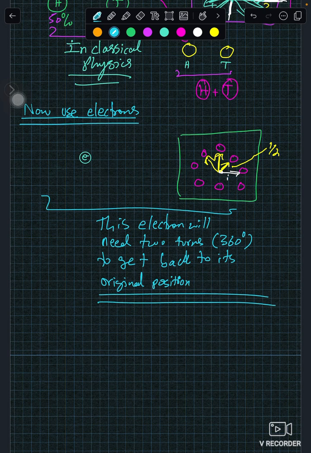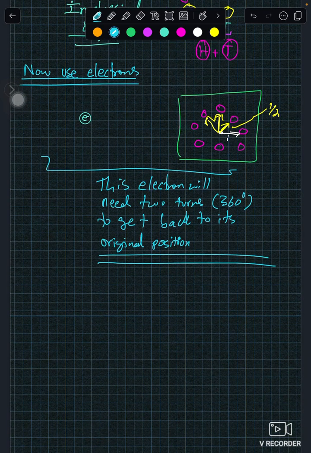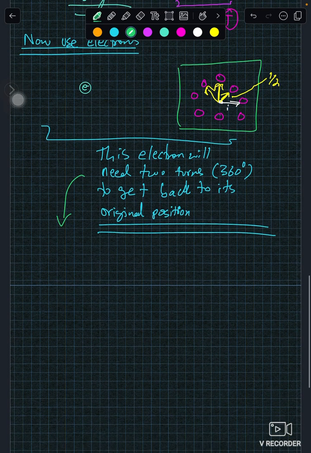But this is not right in classical physics, as it says every object should come back to its original position with a 360-degree turn.